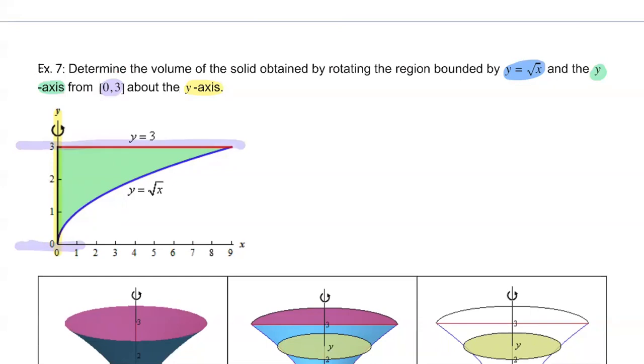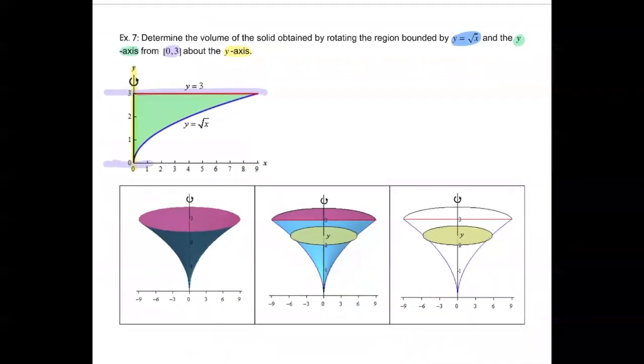Now, if we imagine what this looks like, if we revolve it around the y-axis, we're taking this and revolving it this way. We're going to end up with something kind of like that. Clearly the scale on this diagram is a little different than the scale below, but we basically have a funnel situation. And that is precisely what they give us in that three-dimensional shape.